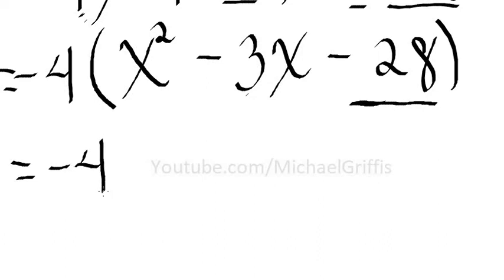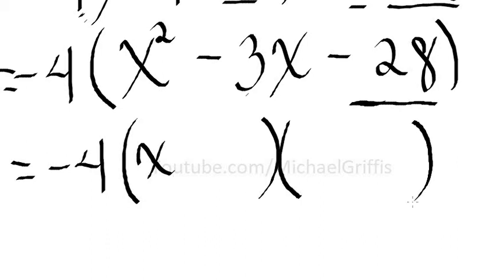and rewrite. So this is what we do now. So what did I say? 7 and 4. We're going to write the 7 and 4 in there, and then we'll figure out where their signs go.